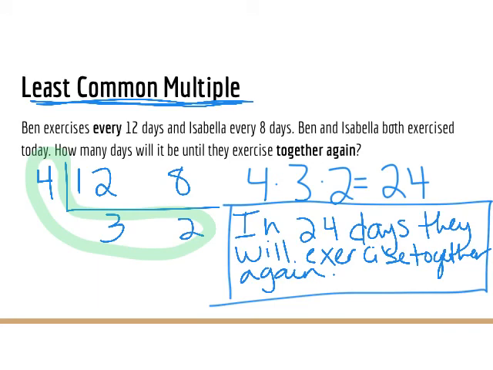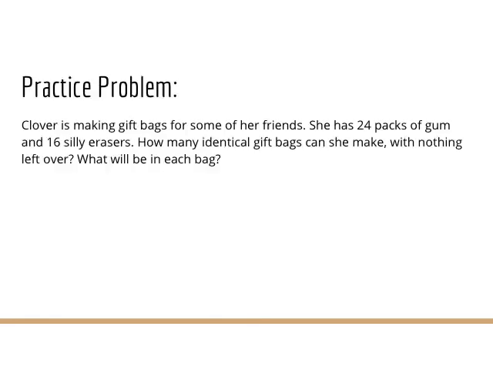So on your practice problem, I'm not going to tell you which type it is. You're going to have to decide. Are you looking for the greatest common factor or the least common multiple? So, your practice problem. Clover is making gift bags for some of her friends. She has 24 packs of gum and 16 silly erasers. They're like animals and stuff.